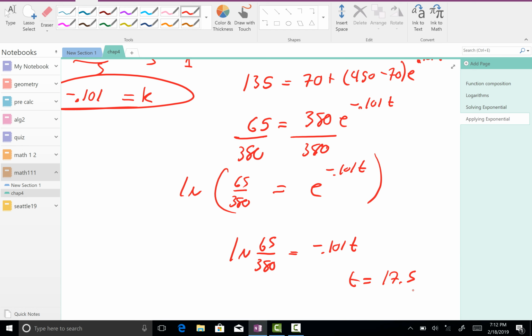So I guess that's pretty close. There we go. So that's Newton's law of cooling. You just put the numbers in and solve it. Once you have the equation, you're not doing anything different than what you did before. Once you solve for k, that's the constant. You've got to have k.